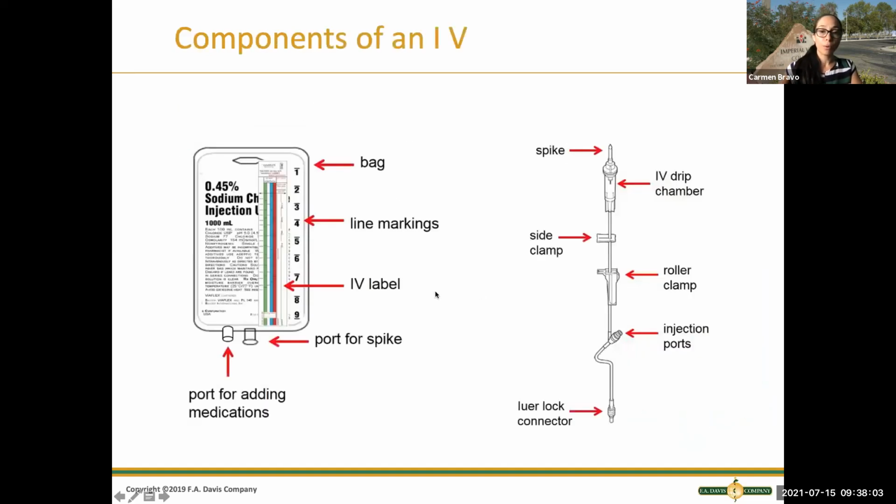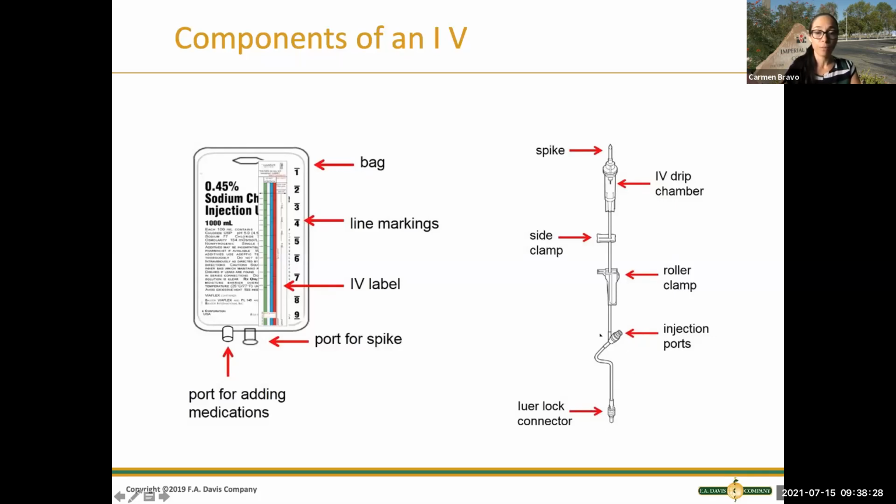Then the components of your IV. I'm sure you have all seen IVs and the tubing, but I do want you to memorize the components of the whole intravenous set. Normally it's a tubing like this. There's the part proximal to the IV, which is the one that connects to the IV.